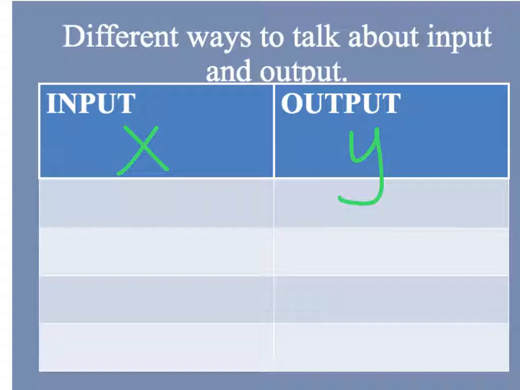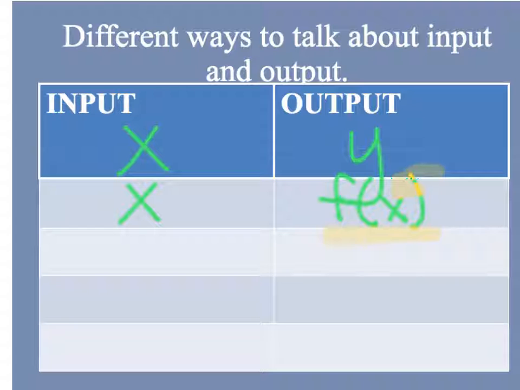But also the input can be x, and the value that is the output is f of x. And that just means that the output, the whole thing, depends on what x you have put into the rule. So this is called f of x, but it just means that the output depends on, or is a function of, x.